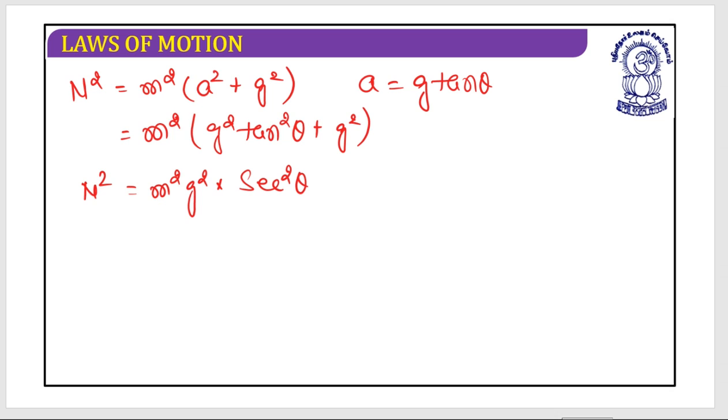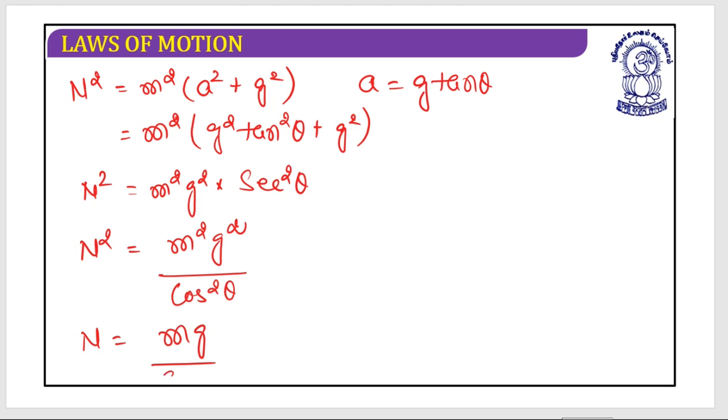So n square equals m square g square divided by sec square, that is cos square theta. So this is the force that is acting: N equals mg by cos theta. Yes, I hope this is clear.